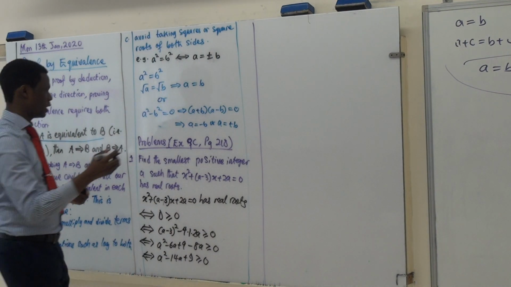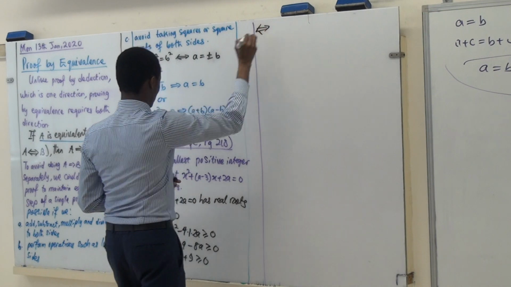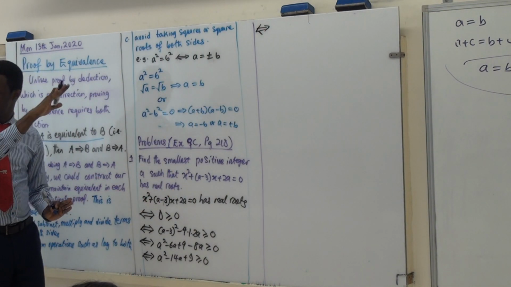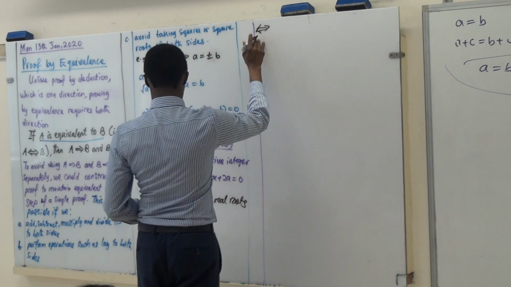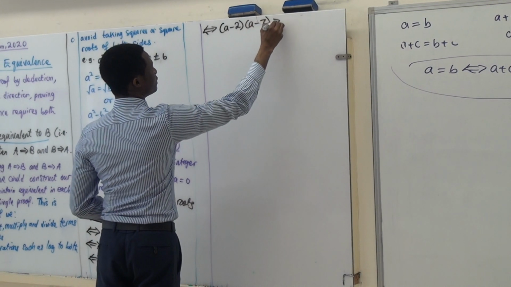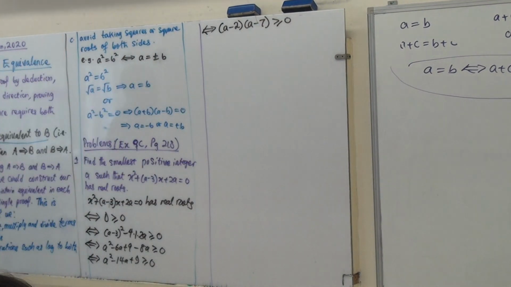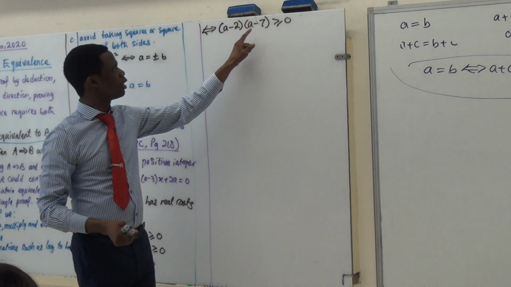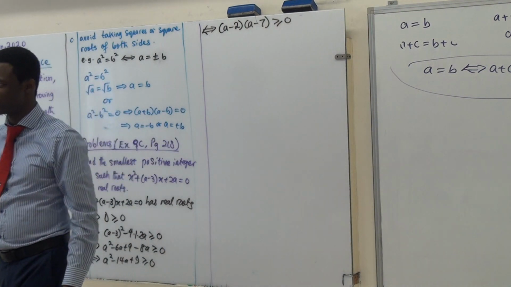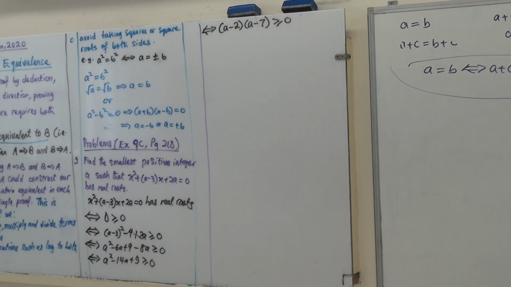Okay, then we factorize. So this will be minus 2, minus 7, right? Now, this is a product of two numbers, and it's positive. When do you have the product of two numbers to be positive?